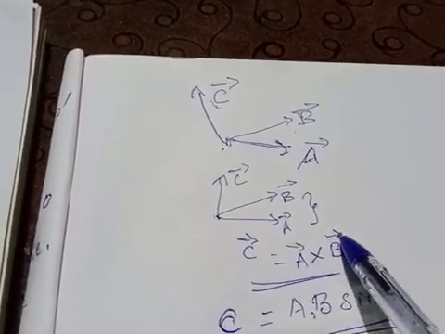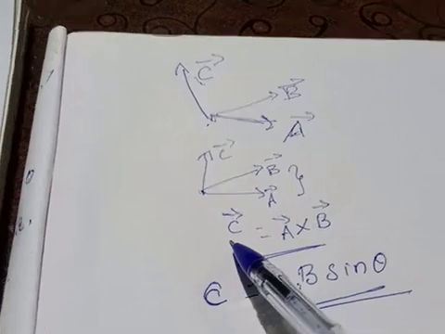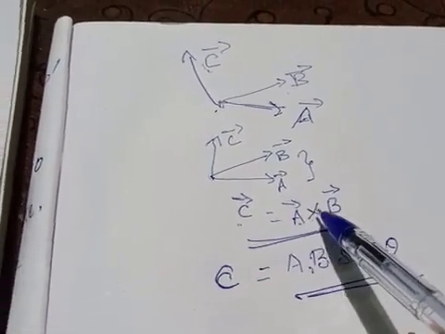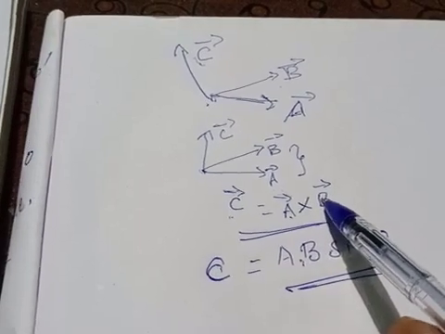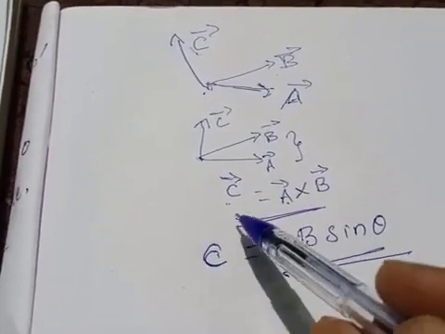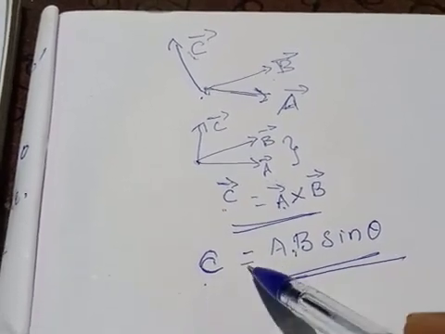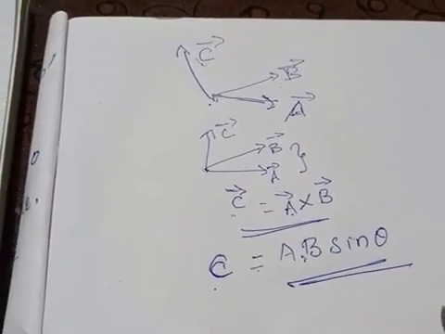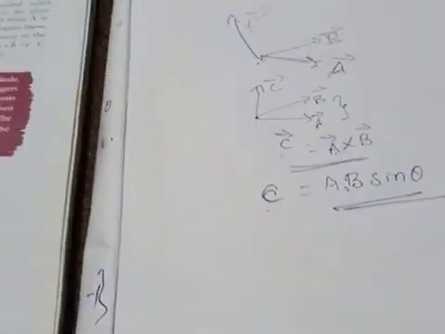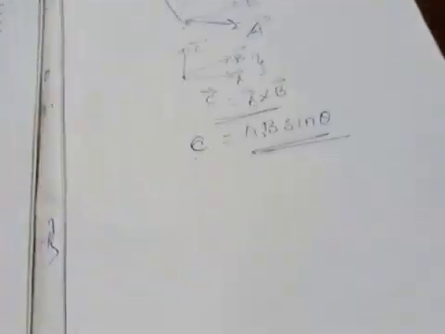Vector notation is there. That is what we have written in this equation, C vector is equal to A vector cross B vector. But without these directions, we can write this equation only as C is equal to AB sin theta. And this is what we can tell vector product of two vectors.